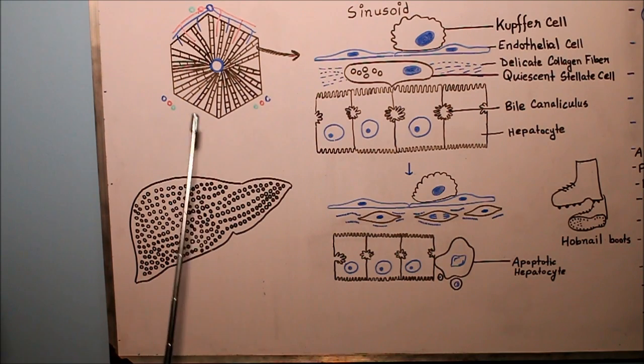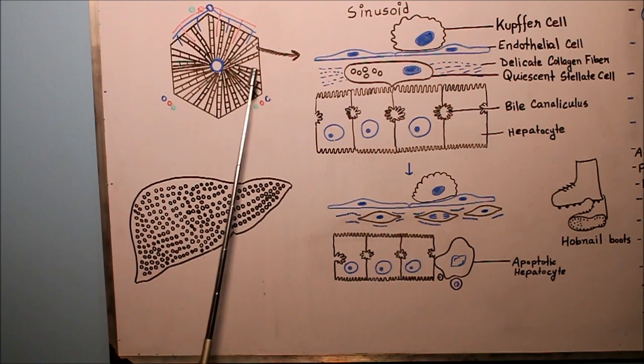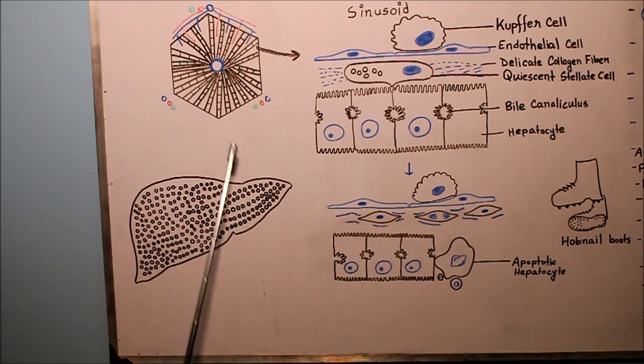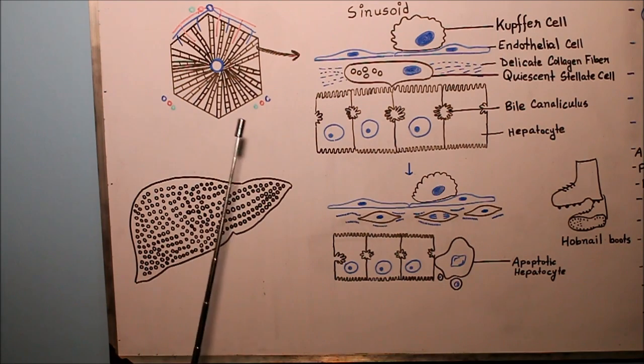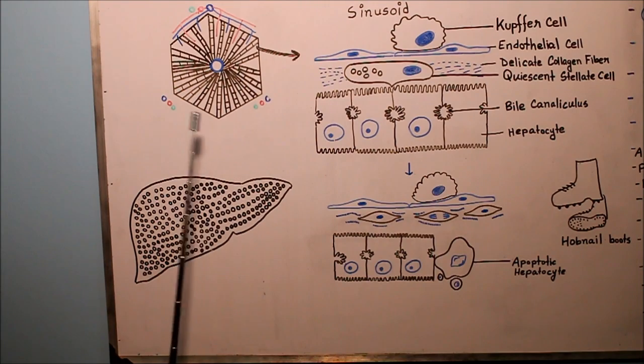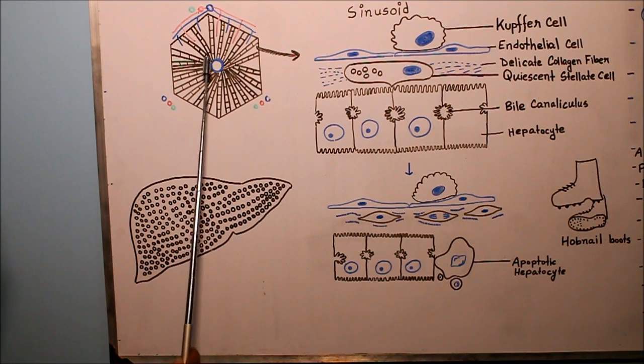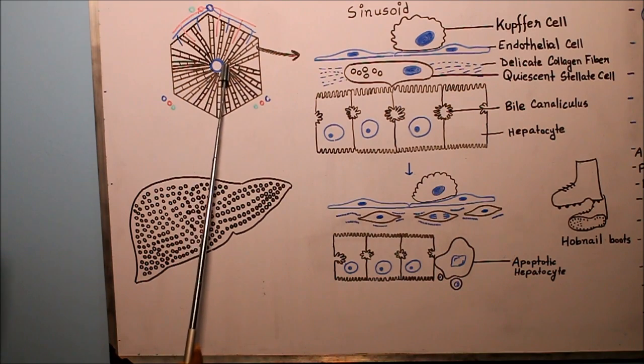Note that I have drawn this image in a hexagonal shape for simplicity, but always remember, in reality, in human liver, the shape of these hepatic lobules is in fact quite variable. Note that each hepatic lobule is oriented around a central vein. Okay, so this is a central vein. It is also called the terminal hepatic vein.